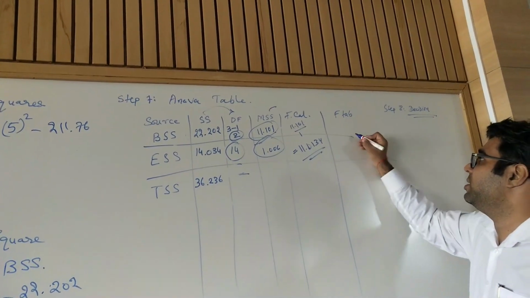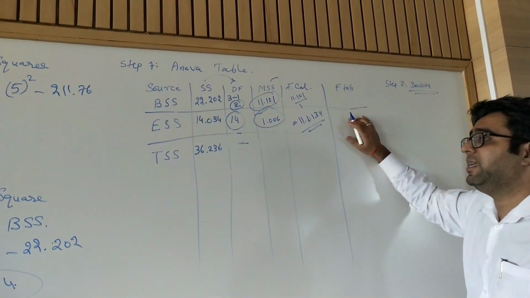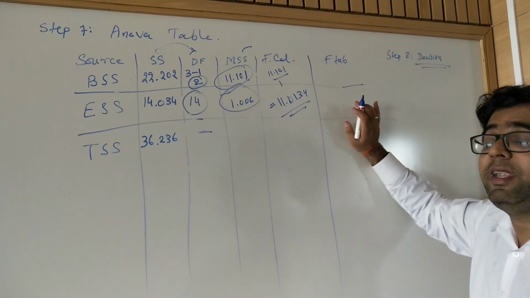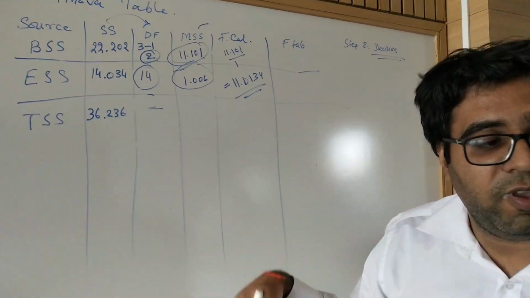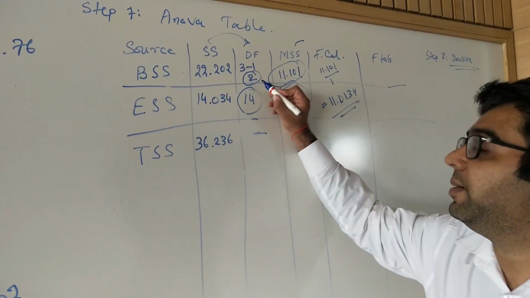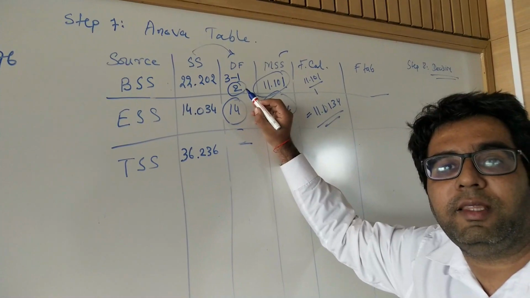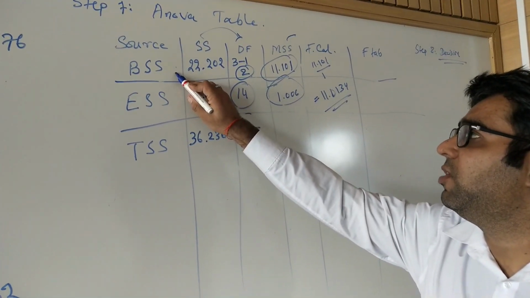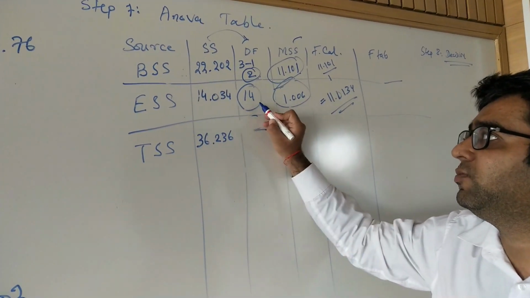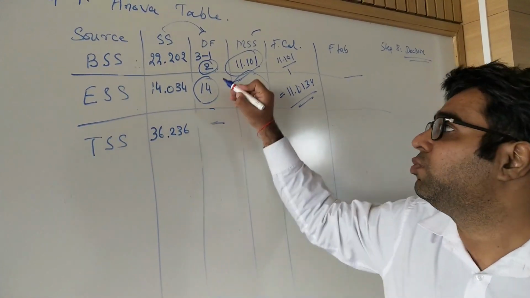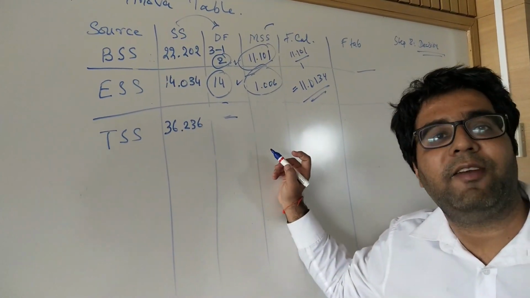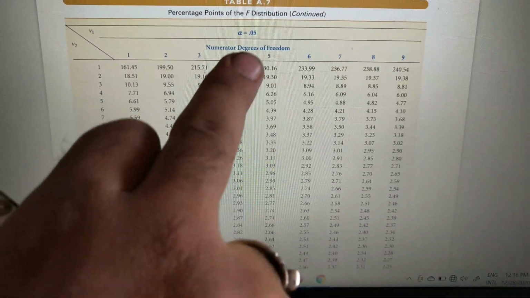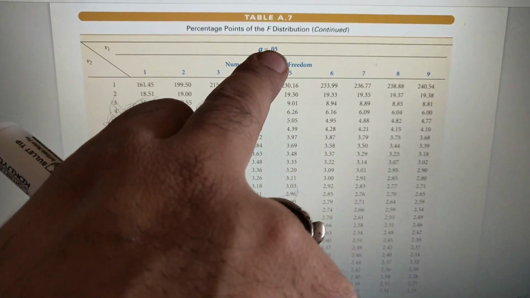Now the most important part comes, F tabulated. I need to know whether this value falls in my critical region or not, so I need to see the table. Just come with me and see the table. We need to look at the degrees of freedom. The degree of freedom of BSS was 2 and of ESS was 14. Alpha is important, and here the value is 0.05.